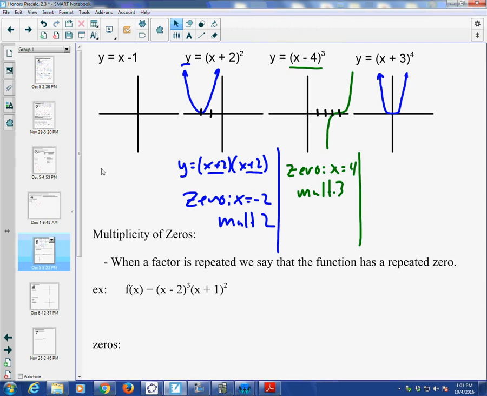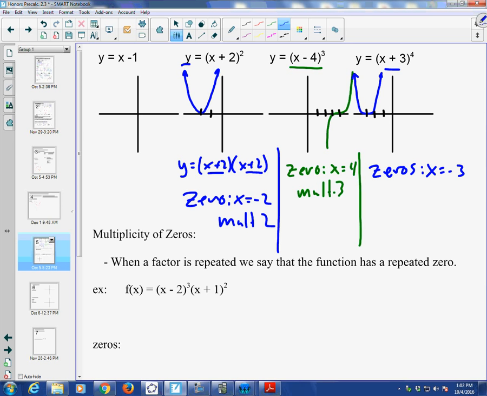And basically, the graph of (x plus 3) to the 4th is going to be a horizontal translation 3 units to the left. Now right here, when we evaluate the zeros of this guy, we're going to get the zero of x equals negative 3, and we're going to get that from 4 linear factors, so we would say we have it with a multiplicity of 4.